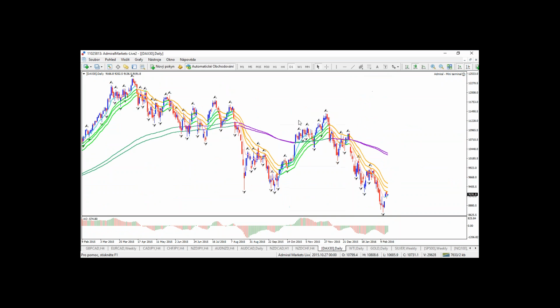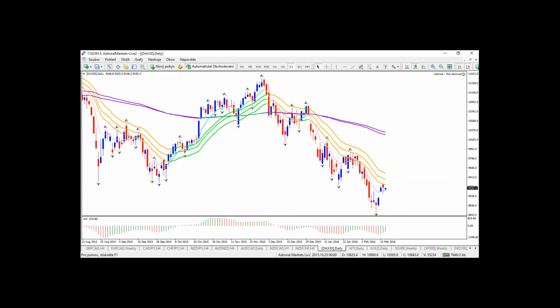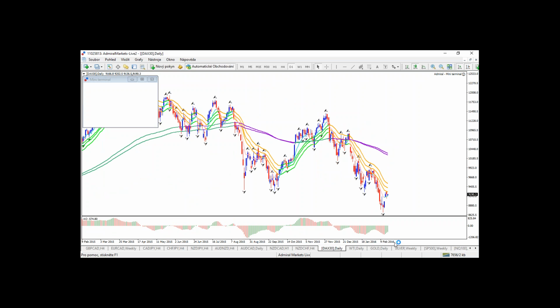And sometimes I use the single EMAs just because I think that for the viewer it could be more comfortable and a bit more clarity. But I like this personally a lot more.